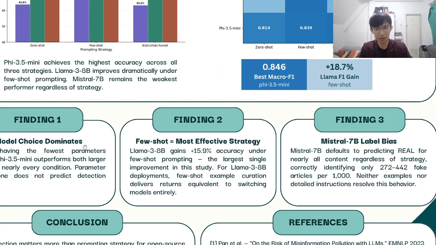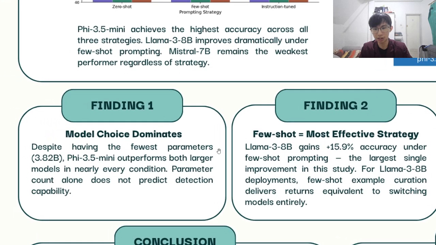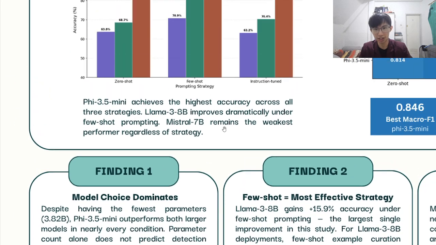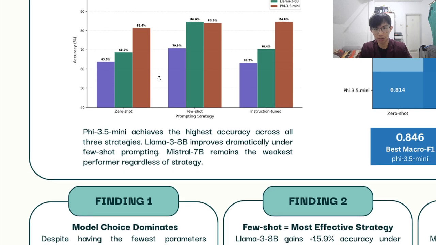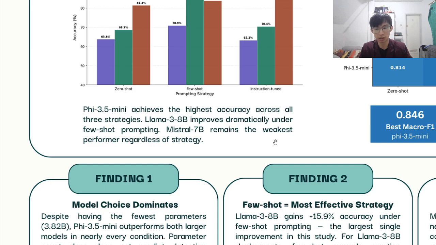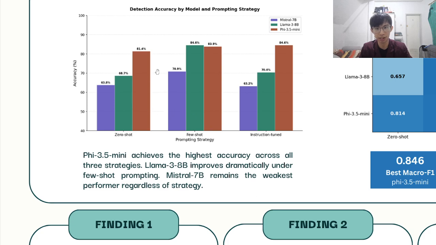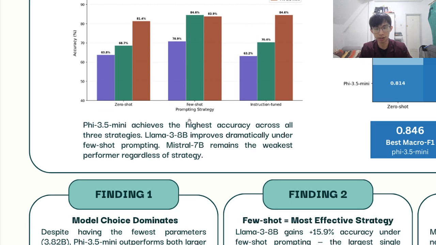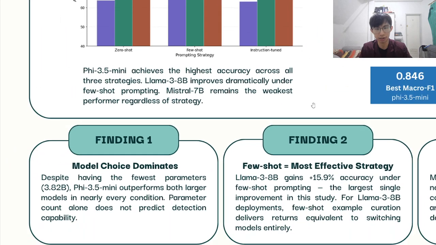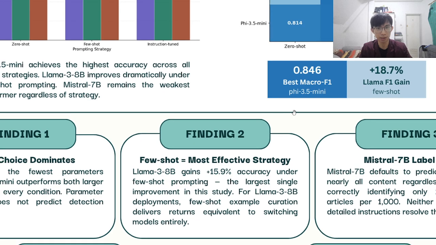So here are the findings from our experiment. The first one is model choice dominance. As you can see right here, Phi 3.5 mini, despite having only 3.8 billion parameters, has very significantly high scores in accuracy and the other metrics. That shows that the model we choose matters more than the strategy we use.